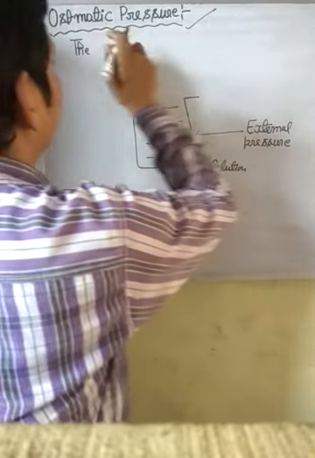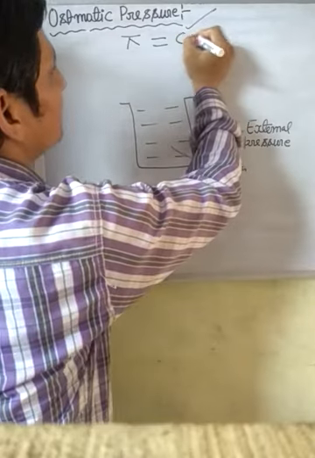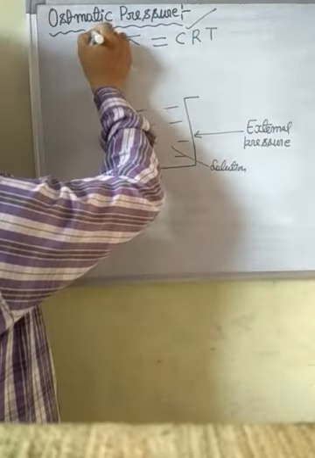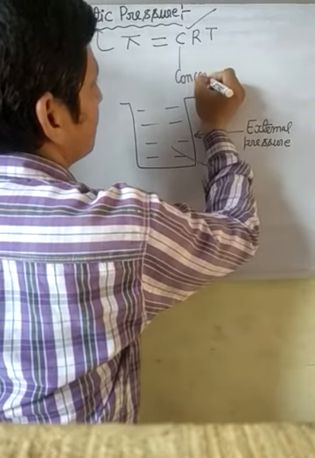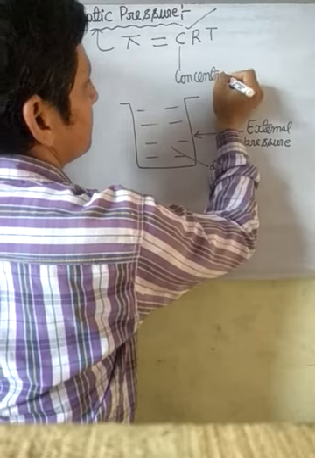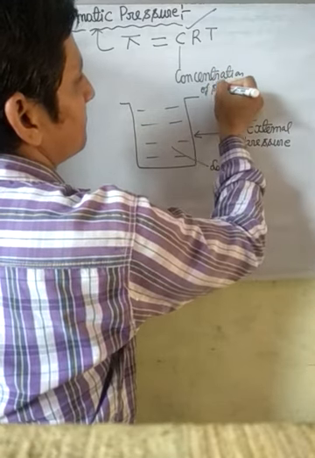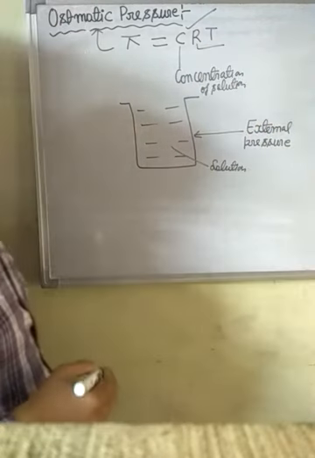Osmotic pressure is denoted by pi. Pi is equal to CRT, where pi is osmotic pressure, C is concentration of solution, R is gas constant.